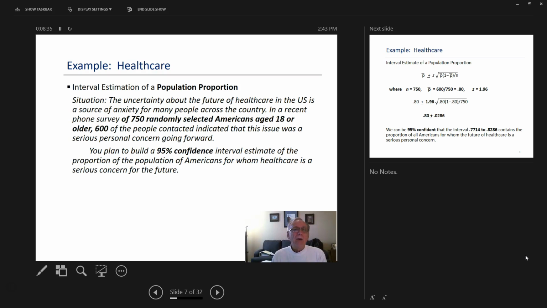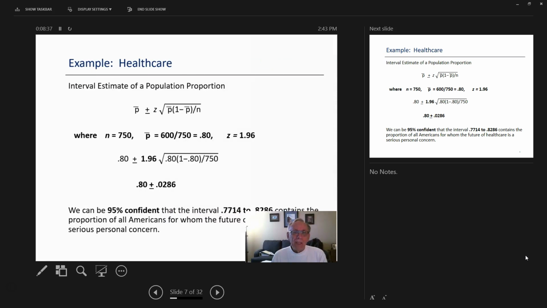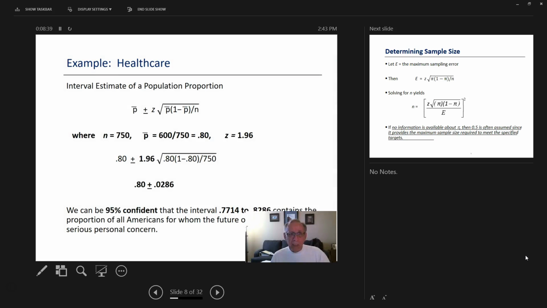Now, how do we do that? Going back to that formula, p-bar, and how do we determine p-bar? We look at our total sample size divided into the number of people that were concerned. So that's 600 divided by 750. That's 80%.